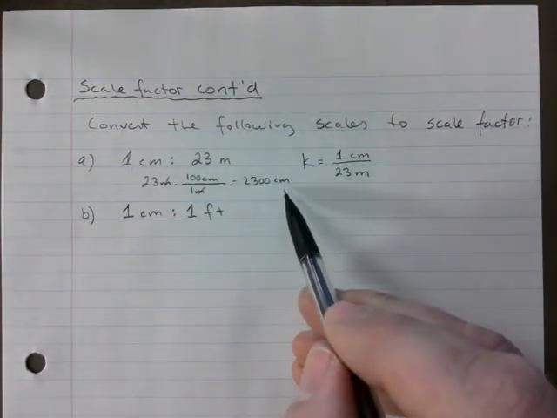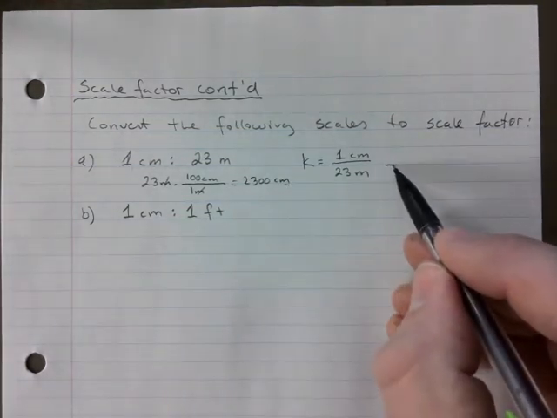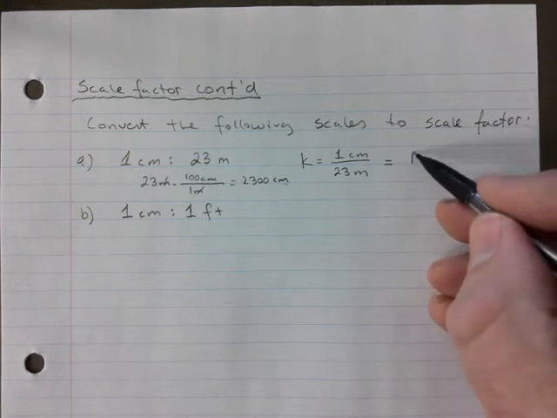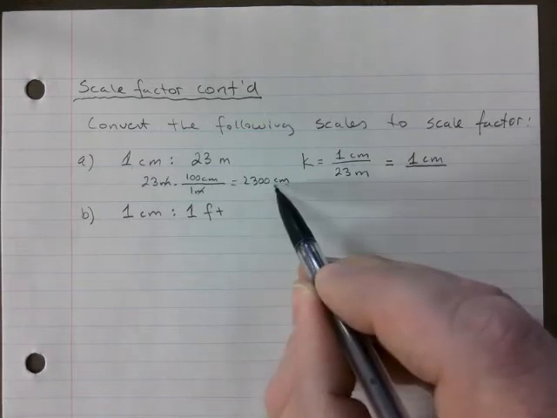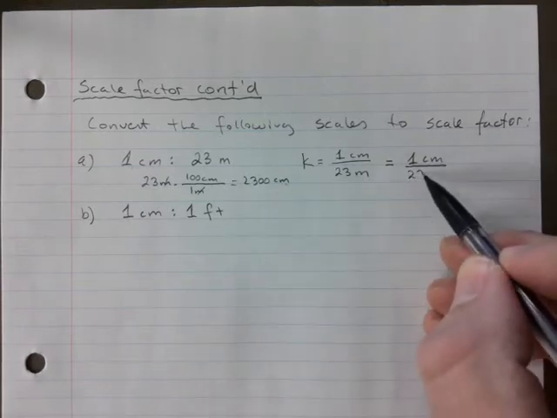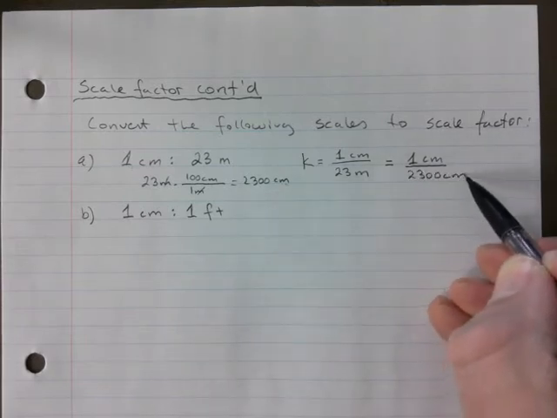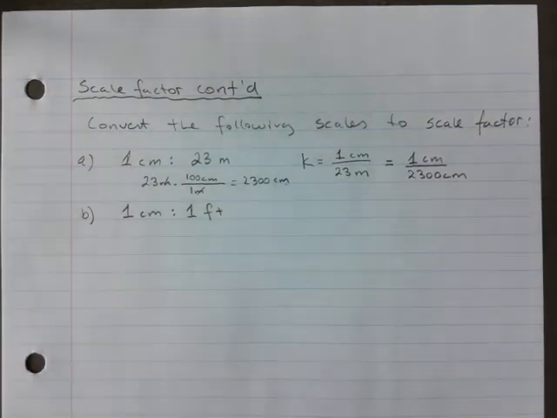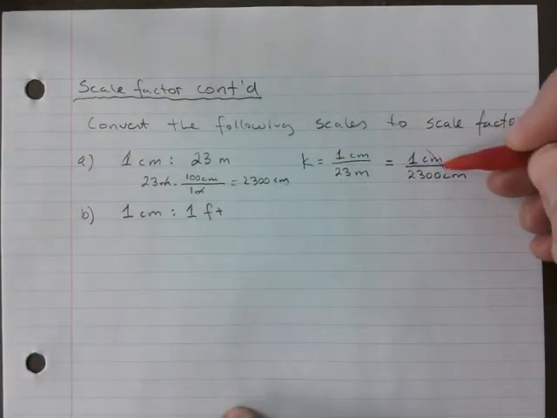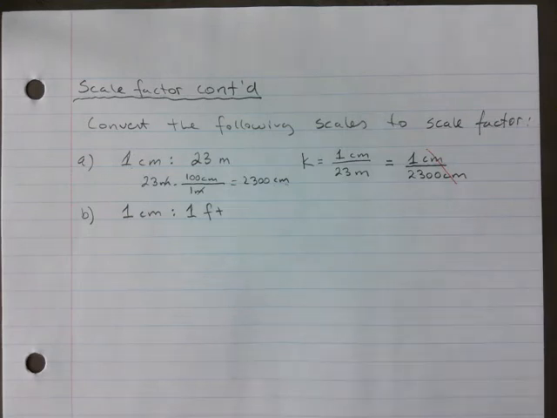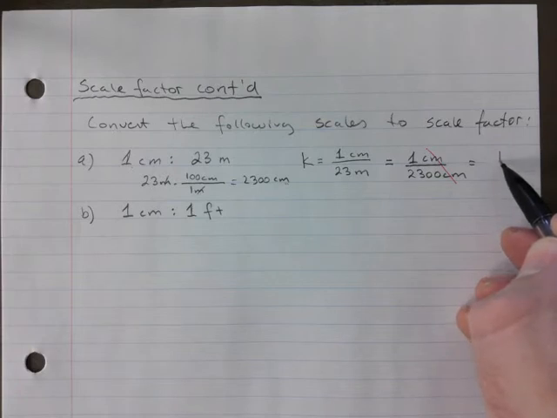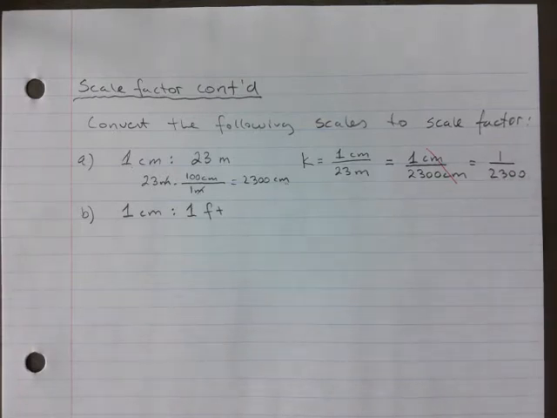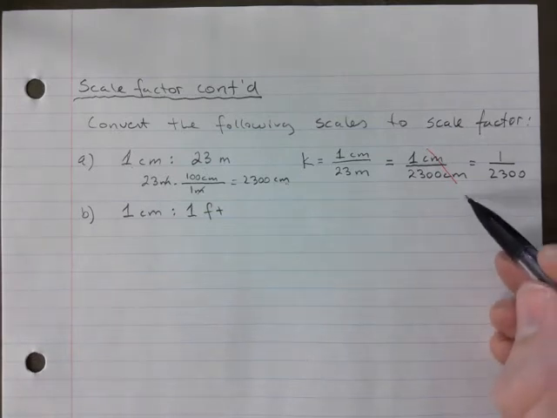Okay, so I will then just proceed to saying that 1 centimeter, I've converted that, has 2,300 centimeters. Now we get to do this. So it's just 1 over 2,300, and we can leave it like that. No units, right?